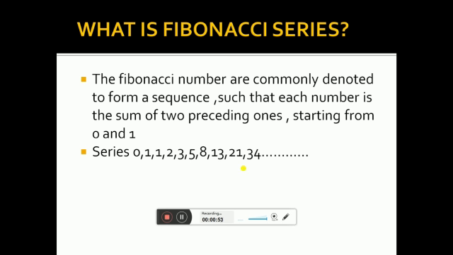So how is the Fibonacci series formed? It is the sum of two preceding numbers from which we get the next number. For example, every Fibonacci series starts from 0 and 1. So we start here from 0 and 1. When we add 0 and 1, we get the number 1.